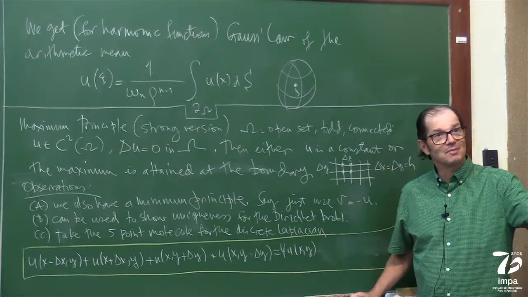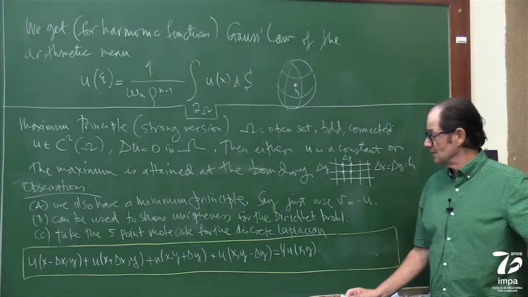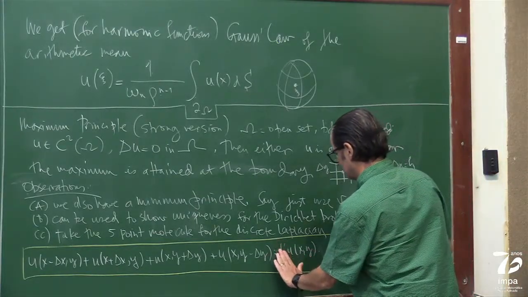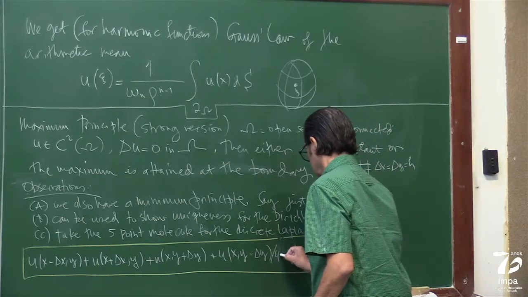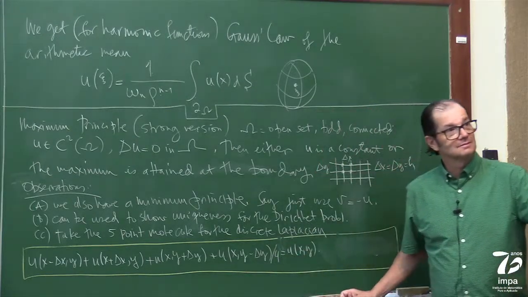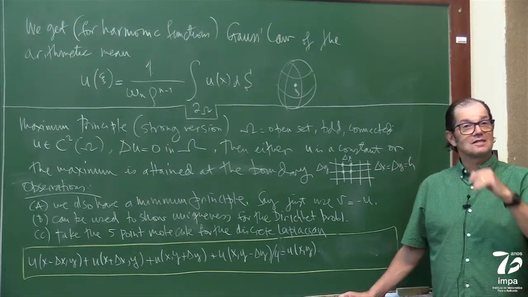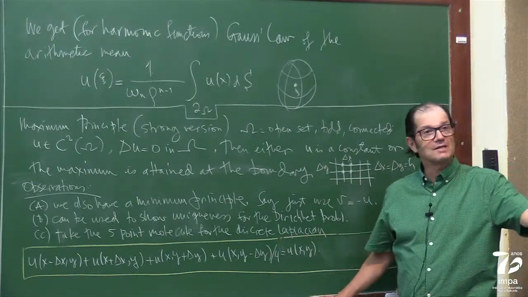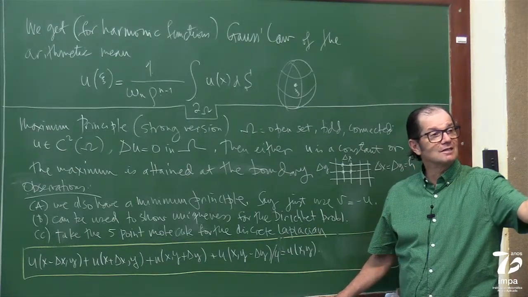My discrete Laplacian leads to that. Everybody agrees? We started from Taylor series, which leads to this. And the nice thing is that this very simple method to solve Laplace's equation numerically also has a discrete maximum principle.